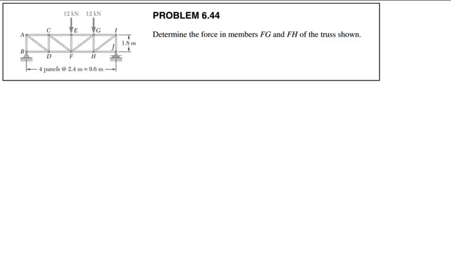Okay. So, look at this here. 6.44 in the Beer Vector Mechanics book. Determine the force in members FG and FH of the truss shown. So we want FG and FH.